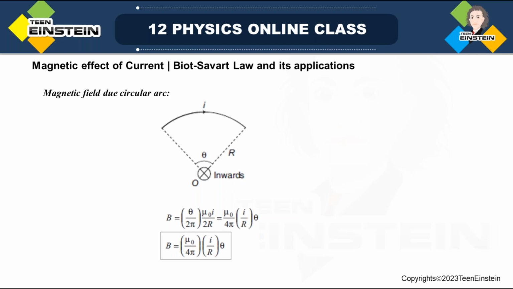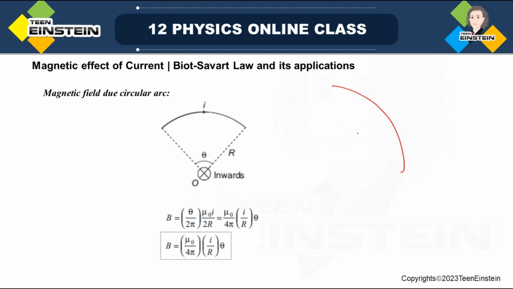Now we'll calculate the magnetic field due to a circular or any kind of arc. Suppose I have any kind of arc whose ends make an angle theta at the point where we have to calculate the magnetic field.